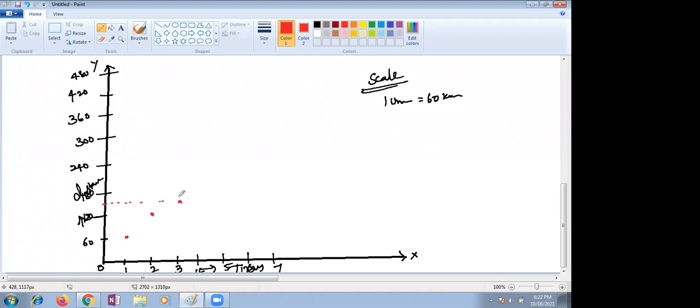What is the next point? 6.5 hours, ma'am. We know that 3 hours is 180, and 6 hours is 360 kilometers. So 6.5 hours will be more than 360.